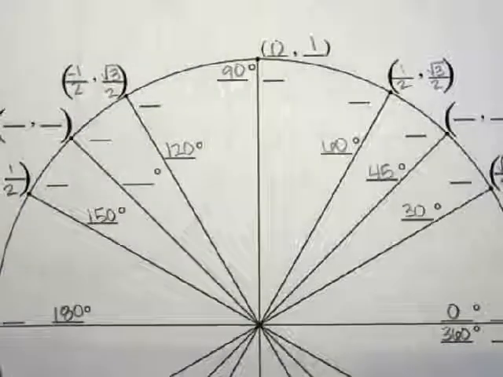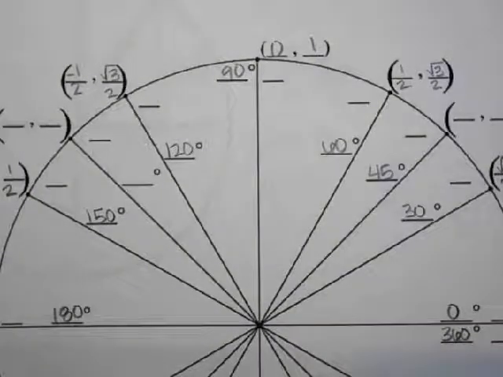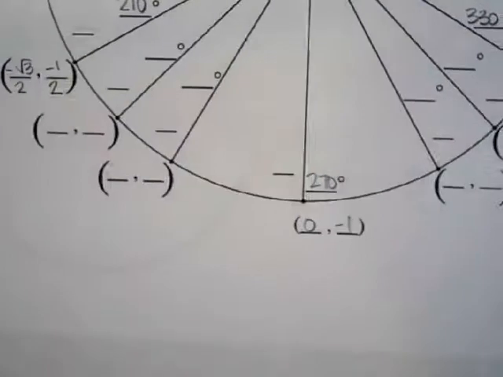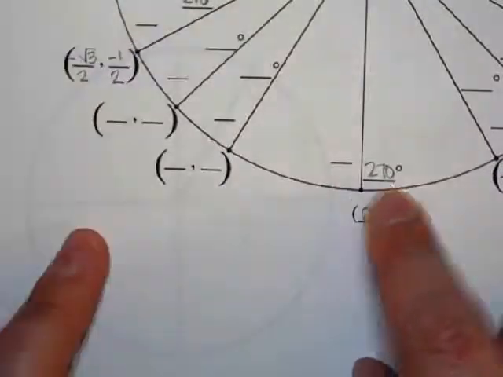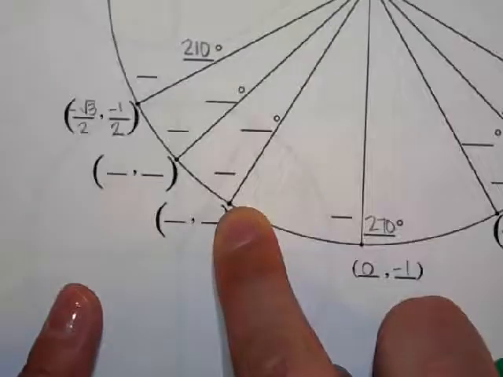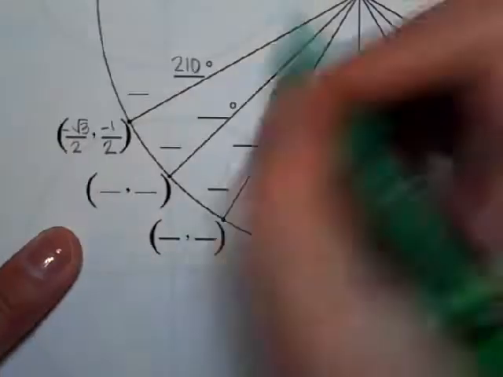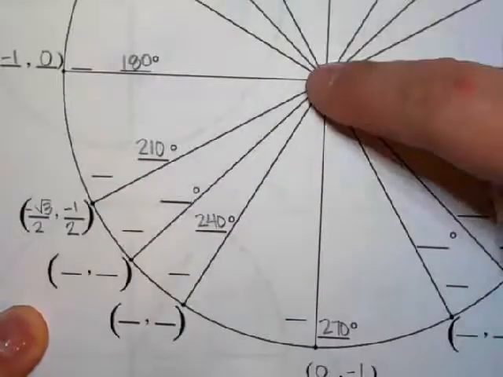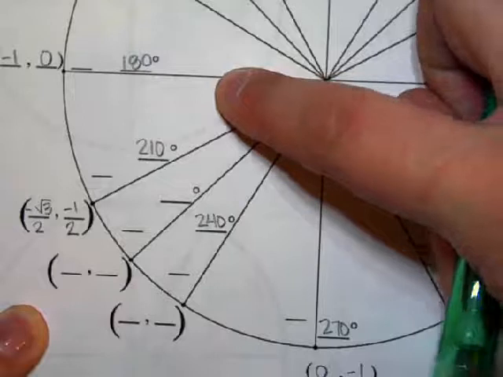Okay. And then we're going to do the corresponding points that are in the other quadrants, or what we call them. So down here, we have 270. What's 30 degrees to the left of 270? 240. Okay, so we're going to go left 1/2 down root 3 over 2.